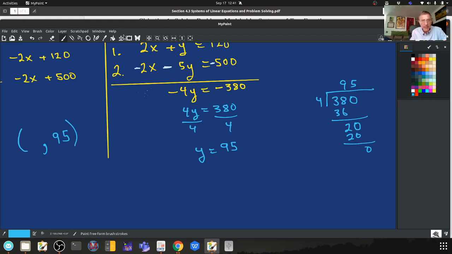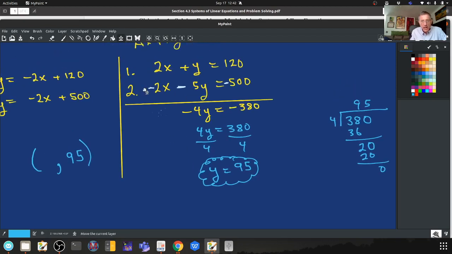Now the next thing I'm going to have to do is solve for x. Now that I know what y is, this is a really important solution. I just go up and I choose any of my equations in any form. It doesn't make any difference. And I use my value for y to solve for x. And I'm going to choose number 1.